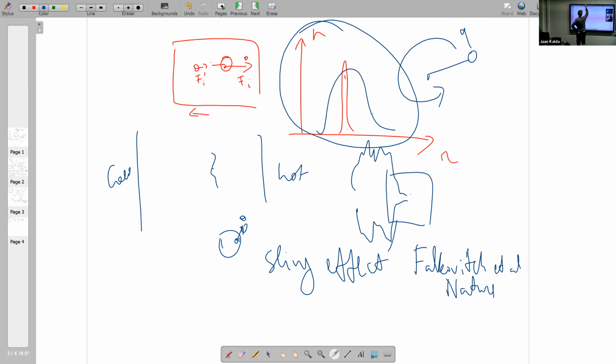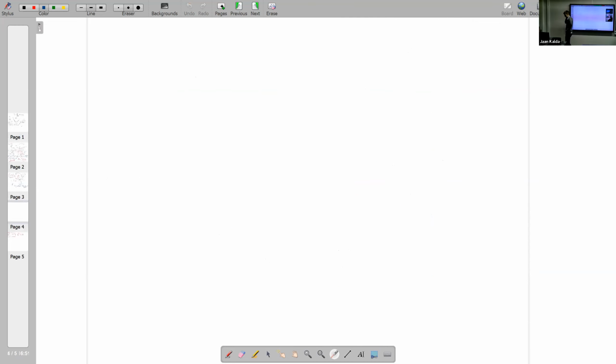Now, let us go on. The next thing I forgot to tell you is the Kolmogorov microscale. When I spoke about Kolmogorov turbulence, what we learned was that velocity associated with a certain scale r is proportional to r to the power of 1/3.